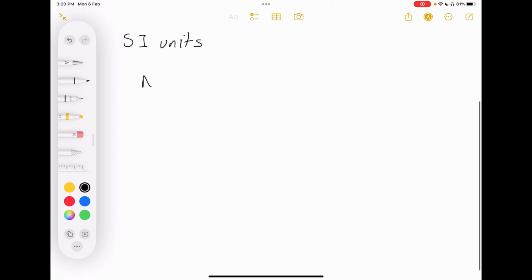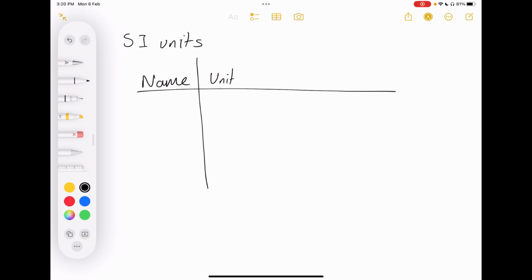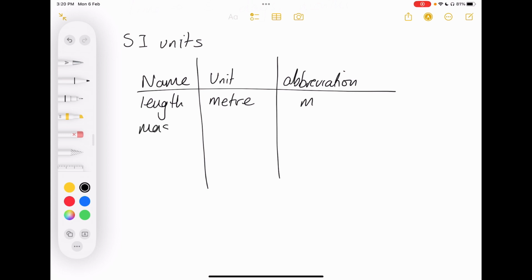They are, so if I just get a nice table going, the first one is length. The SI unit for length is the meter with the abbreviation lowercase m. Mass is in kilogram with the symbol kg.